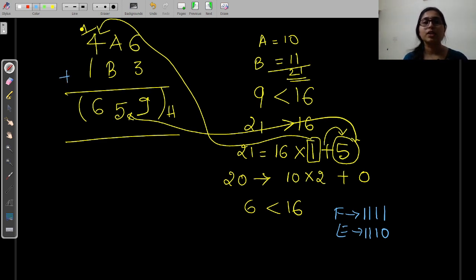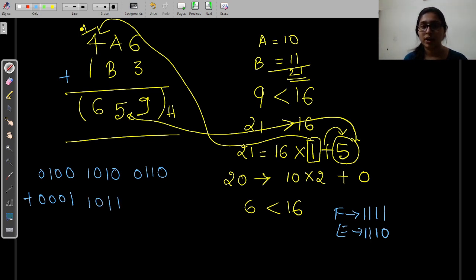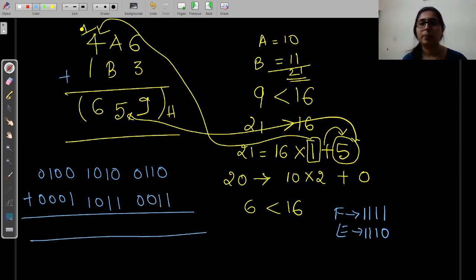What is 4? It is 0100. What is A? It is 1010. What is 6? It is 0110. Next I will add 1001, and here B is nothing but 11, so 1011. What is 3? It is 0011. If you don't remember, please refer to the table.